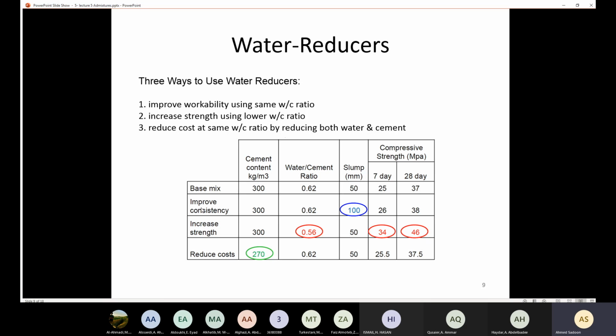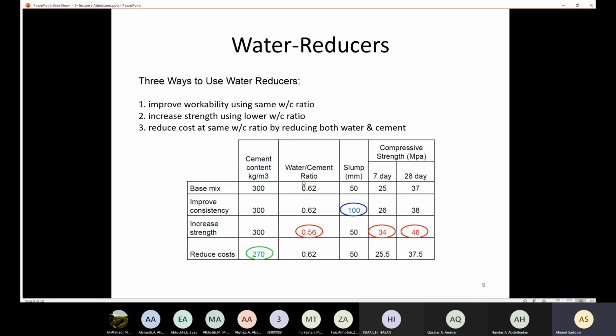So in case 1, I managed to improve the workability with the same water cement ratio and the same cement content. In case 2, here, I'm going to use a lower water cement ratio.